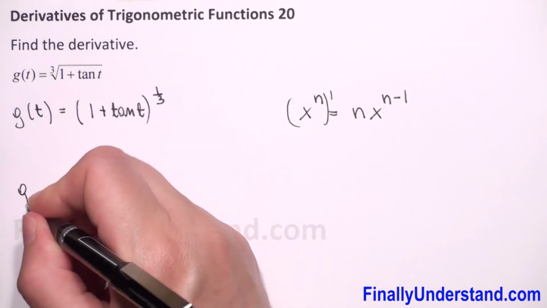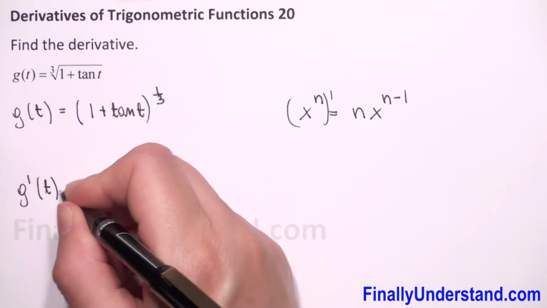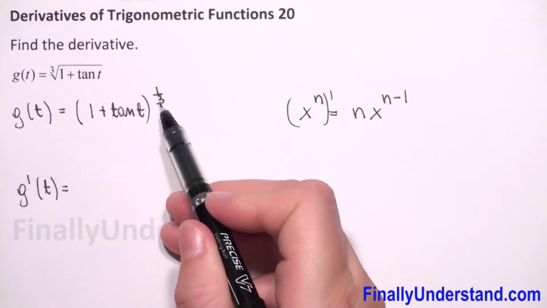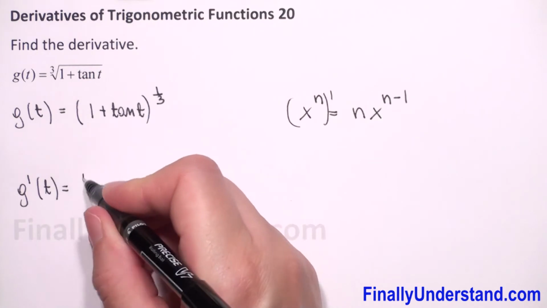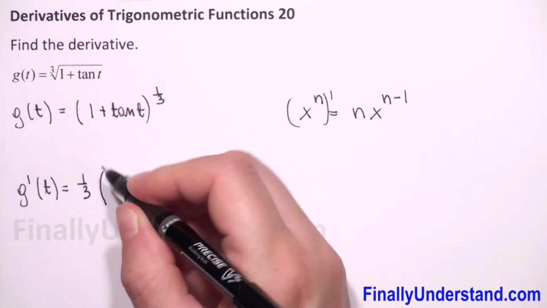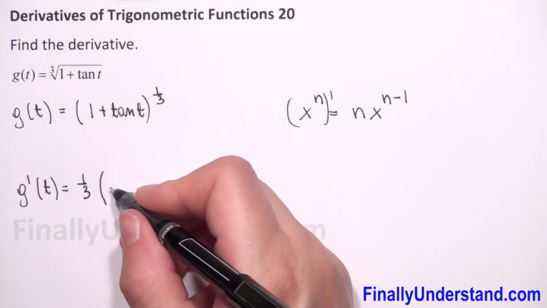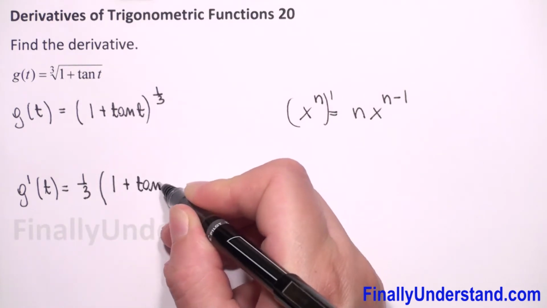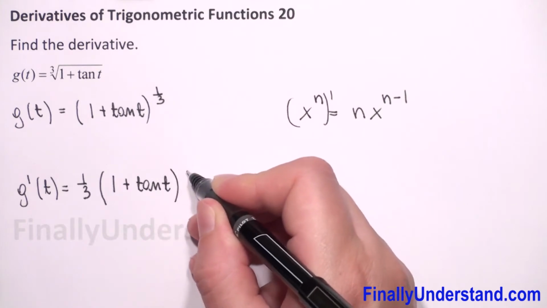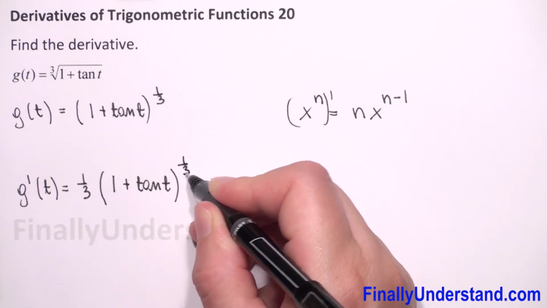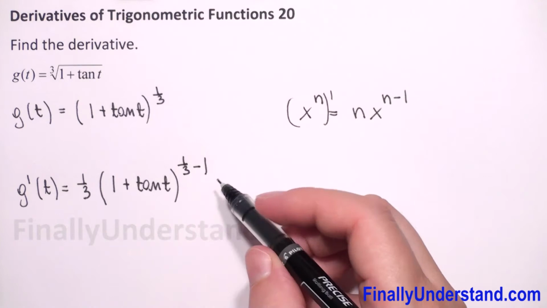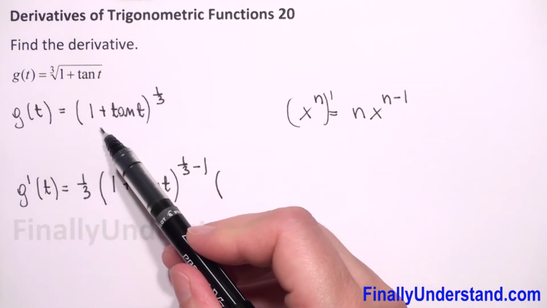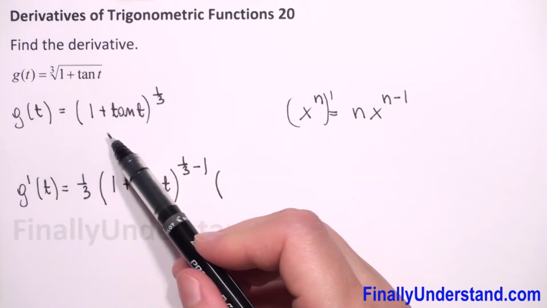We have g prime of t is equal to. First, we use this formula, we take down this power, so it will be 1/3 times, we copy this whole expression in parentheses, so it's 1 plus tangent of t, and we have the power 1/3 minus 1, times the derivative of the expression which is inside parentheses.